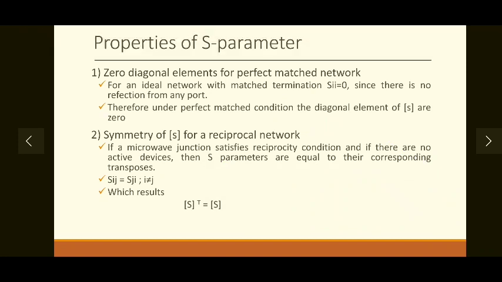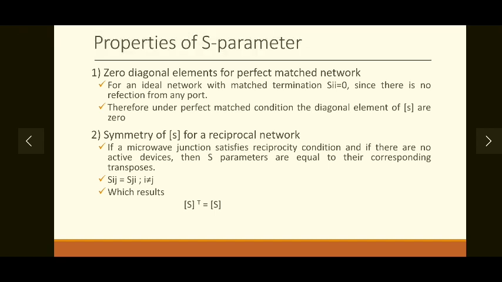Then the second property is symmetry for a reciprocal network. Now if a microwave junction or two-port network satisfies the reciprocity condition, which we have just discussed, and if there are no active devices, then S parameters are equal to their corresponding transposes.